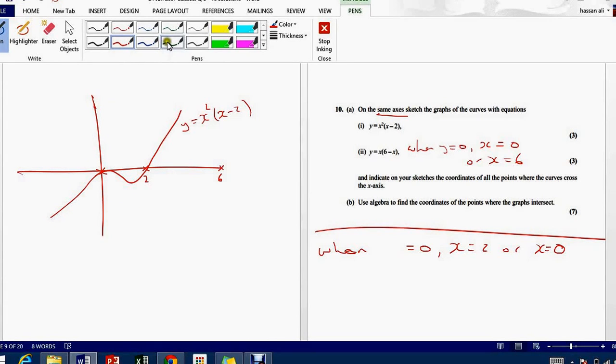I'll do another colour. So it looks like you'll be coming across here, and it will just be coming down at 6. So this one here is going to be y equals 6 minus x. Okay, and obviously don't forget to label your axes.